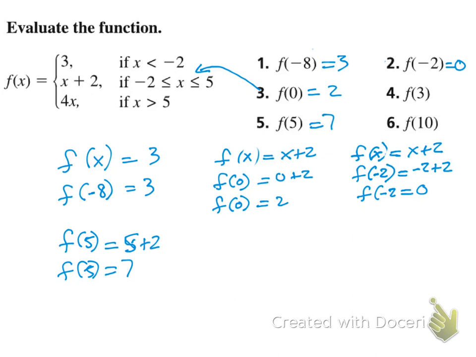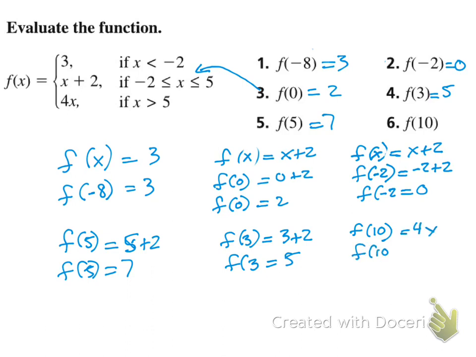And then the next one, the f of 3, where does that fit? Same one. 3 plus 2, so the f of 3 equals 5. And then the f of 10 falls into which one? 4x, so the f of 10 equals 40. You get the idea? All right.